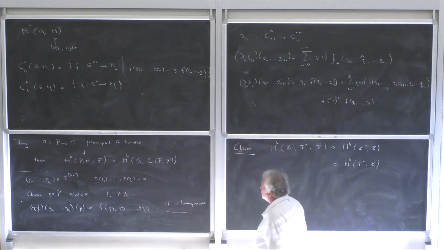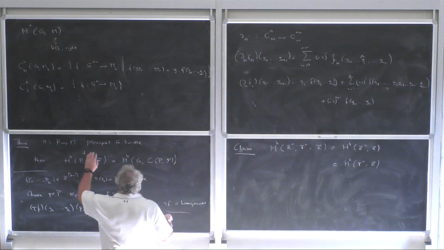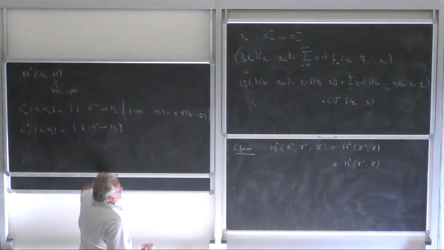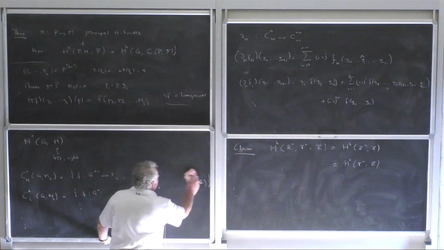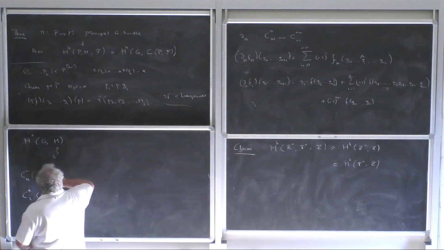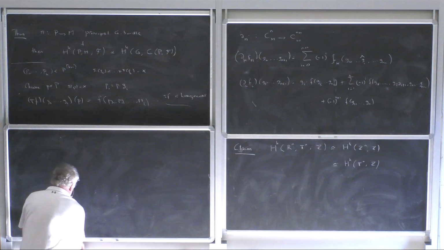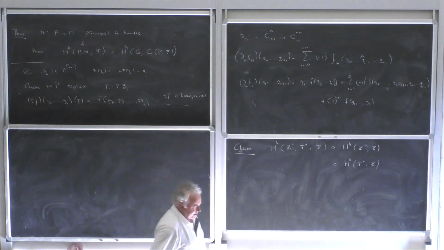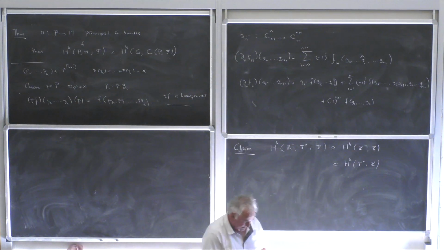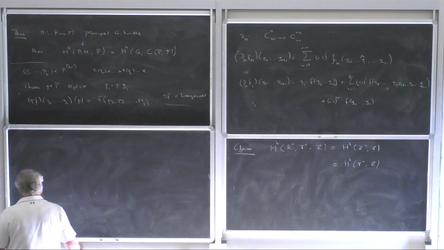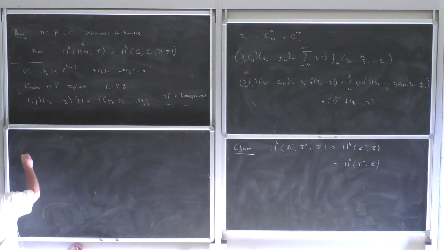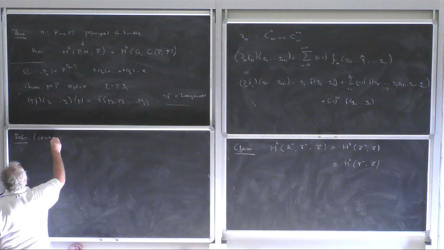So now I need to do two things to get to my cohomology of orbifolds. I need to tell you a little bit about central extensions. So two definitions: one is central extensions and the other semi-direct products.